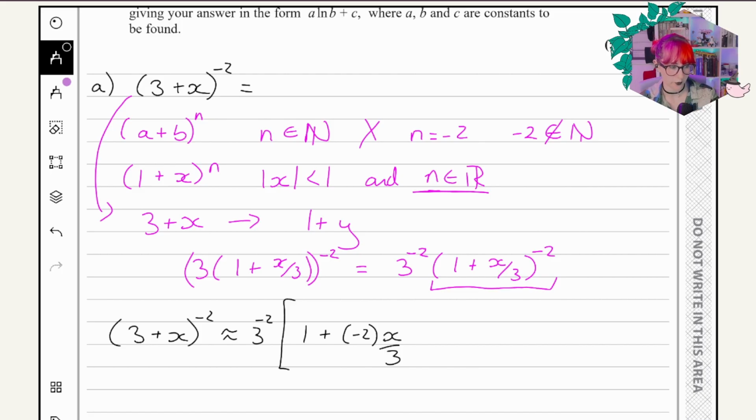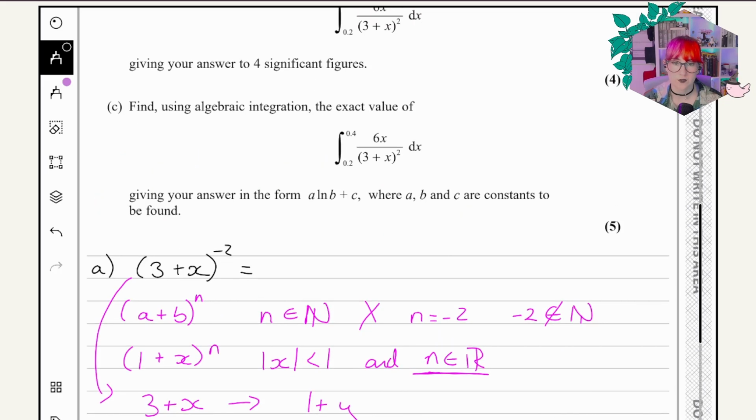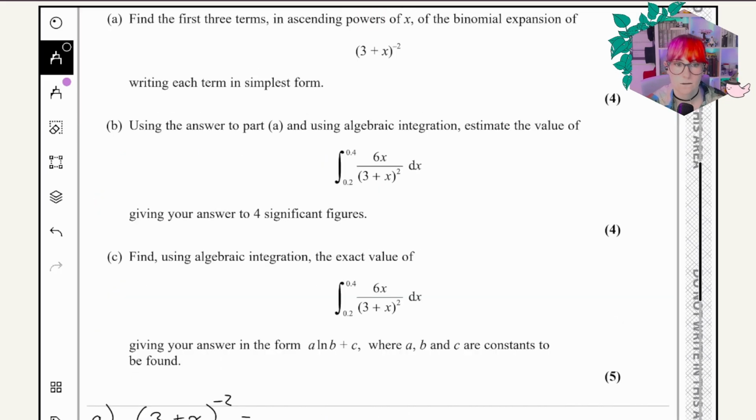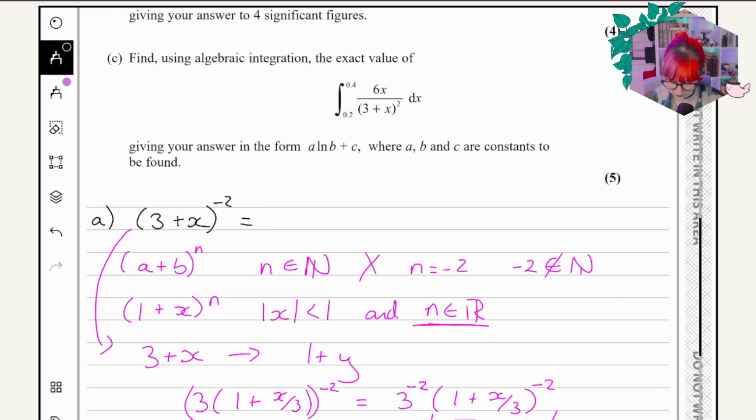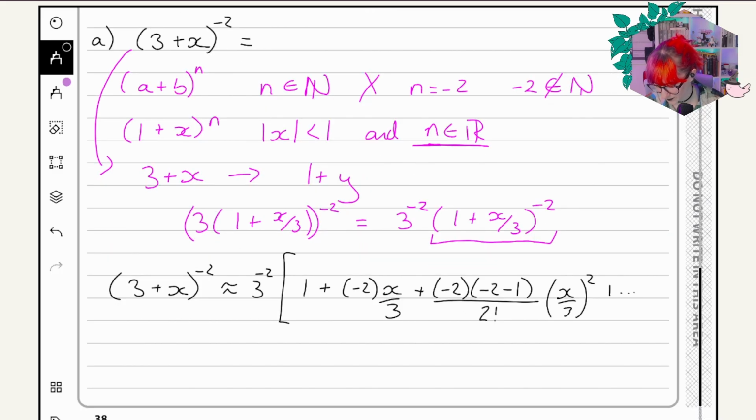So wherever there was x in our formula booklet, there's now going to be x/3. And then we do minus 2, so that's our n minus 1. So (-2)(-2 - 1)/2 factorial, and then we do x, which is now (x/3) squared. And it only asks for 3 terms. Please tell me it only asks for 3 terms. First 3 terms. Amazing. Plus some other stuff. I love plus some other stuff. That's not my problem.